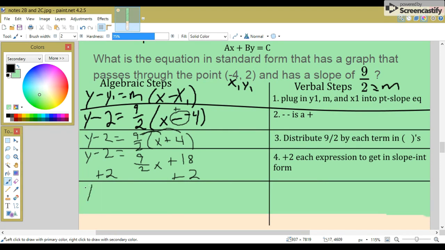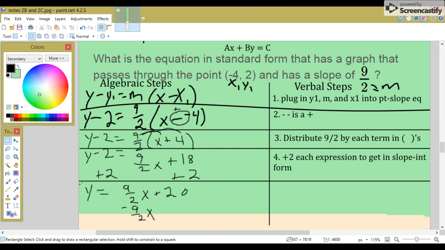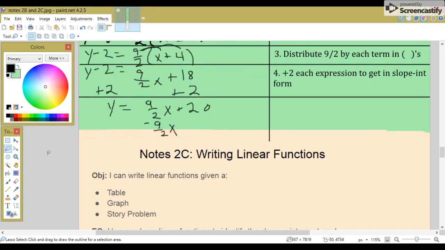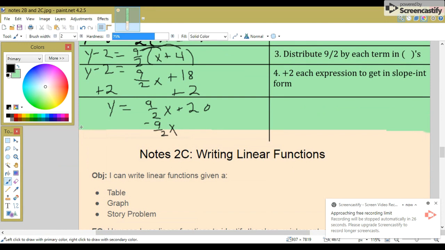We have y equals 9/2 x plus 20. To get the constant by itself, we're going to subtract each expression by 9/2 x. So minus 9/2 x, minus 9/2 x.